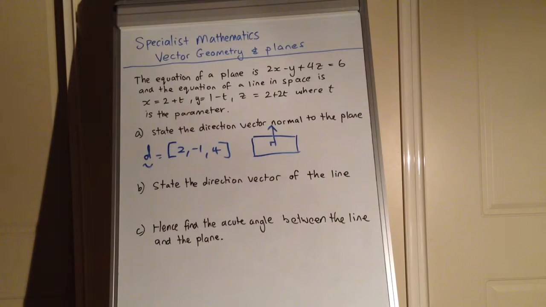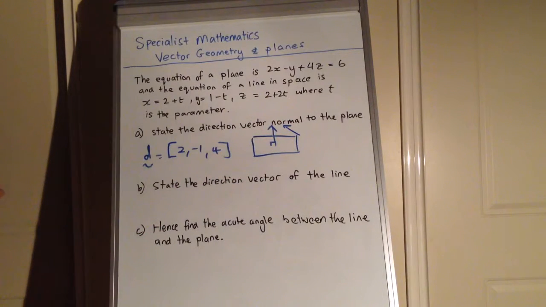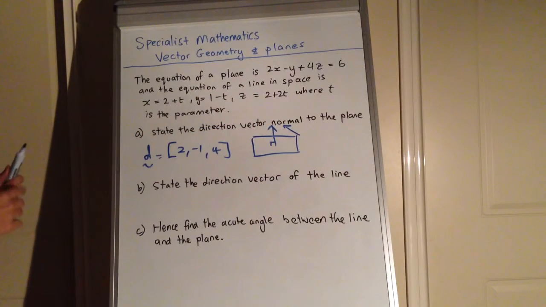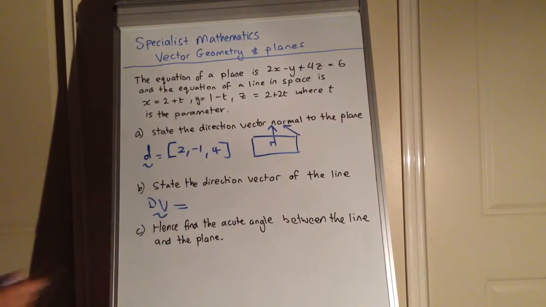So now we're not considering the plane, we're considering the line, which might be somewhere out there, for example. We've got a line just in space, and the key thing to look at with the direction vector is the parametric form and the parameter. If we look at the coefficients of our parameter, we can get a direction vector. So we can write a direction vector as dv.